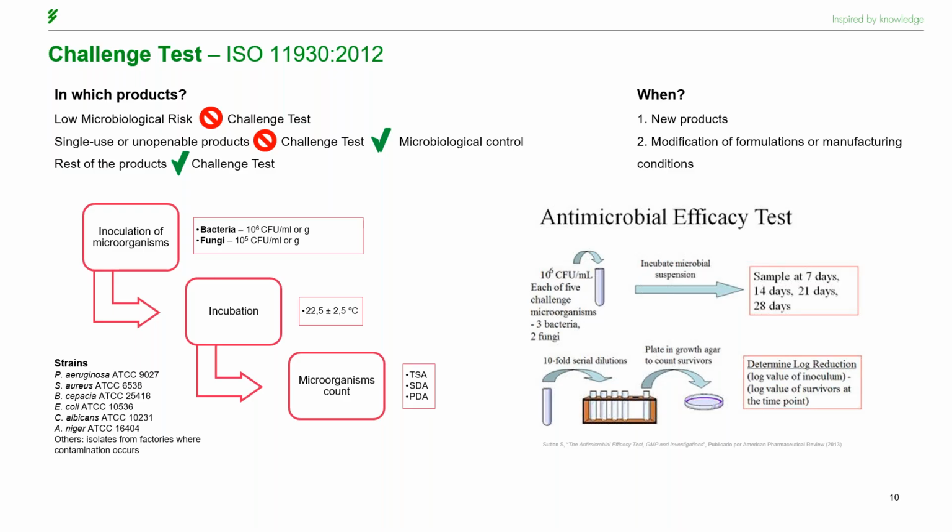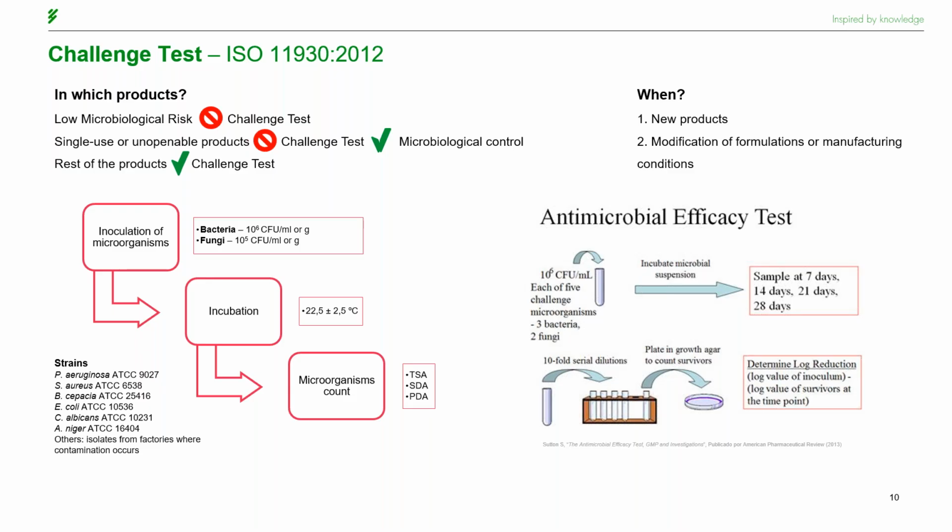The number of surviving microorganisms is measured at defined time intervals, every 7 days for 28 days. So you take a sample and make decimal dilutions with a neutralizer, and then use plates for counting: TSA for bacteria, SDA for candida, and PDA for aspergillus. So finally, the calculations are made.